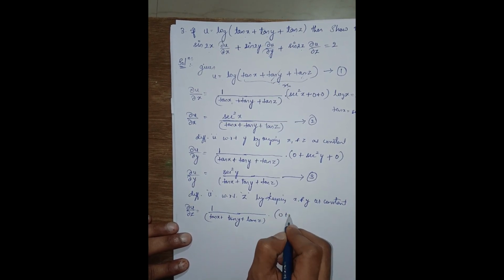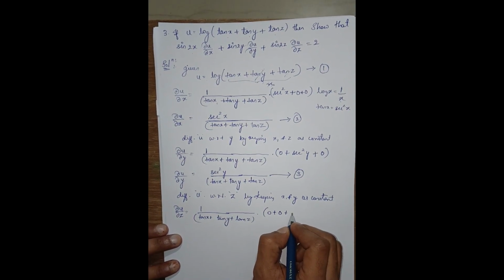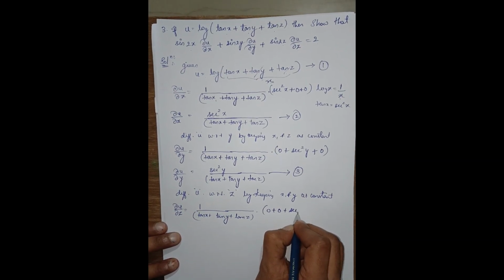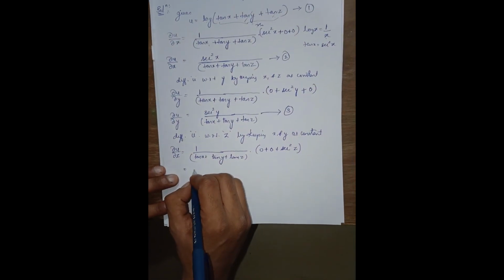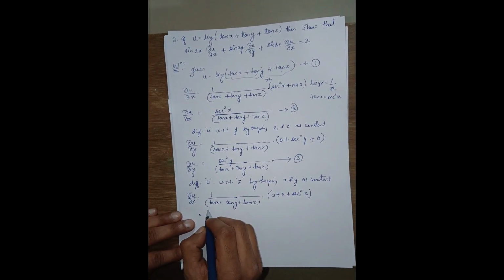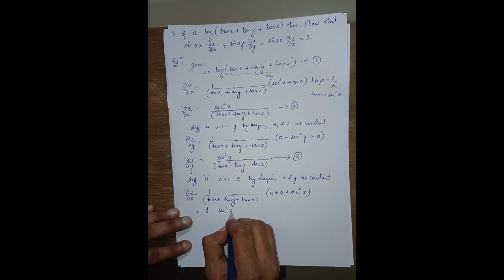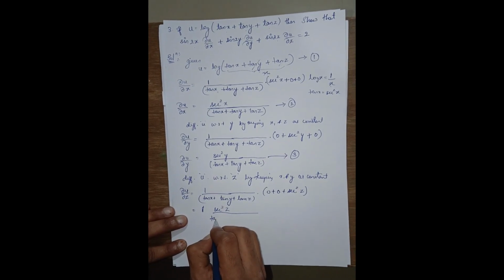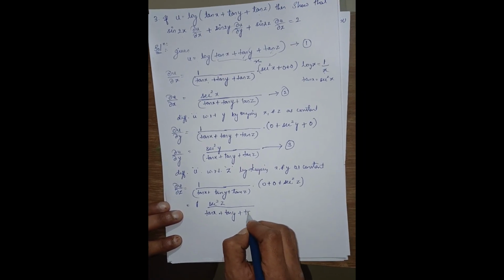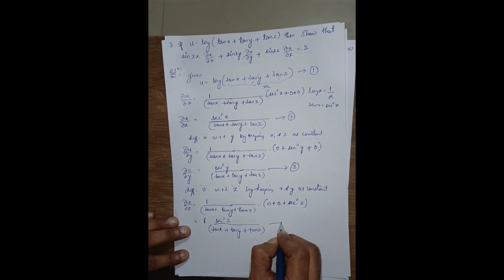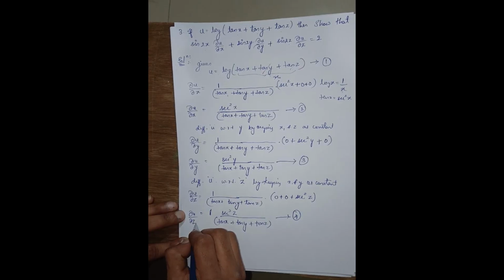Tan x is 0 because we are differentiating with respect to z, and tan y also 0. Then tan z becomes secant square z. This becomes secant square z divided by tan x plus tan y plus tan z. Let us consider it as equation number 4. This is ∂u/∂z.